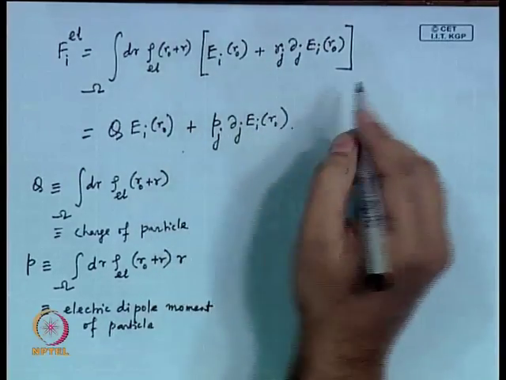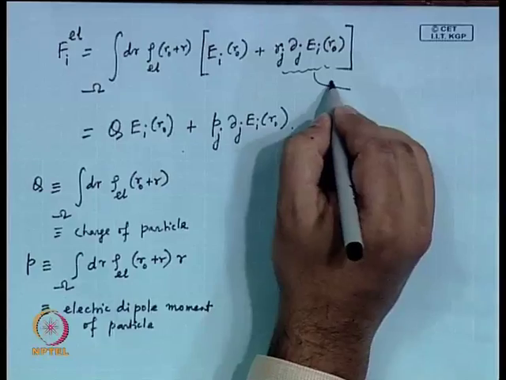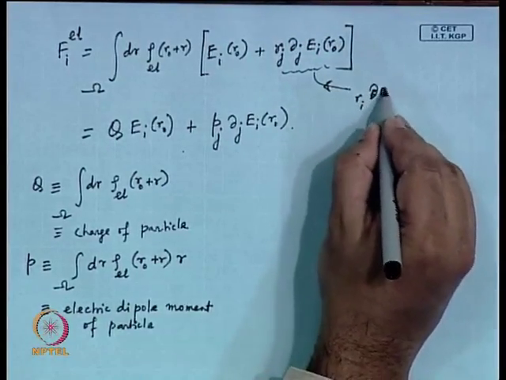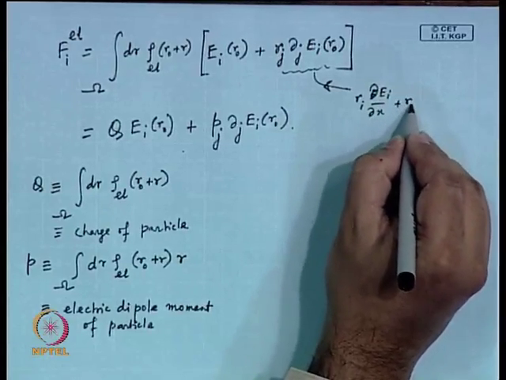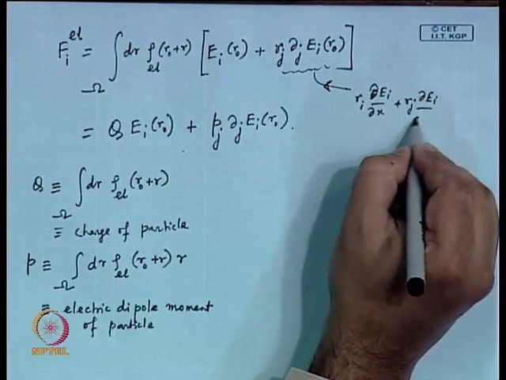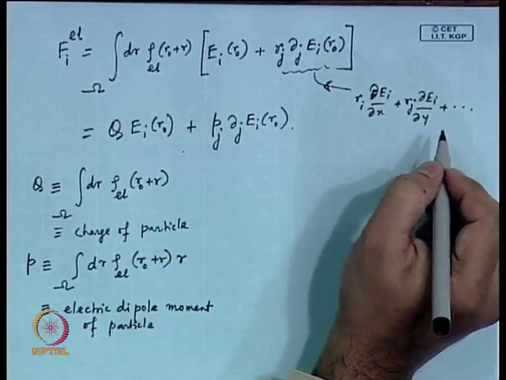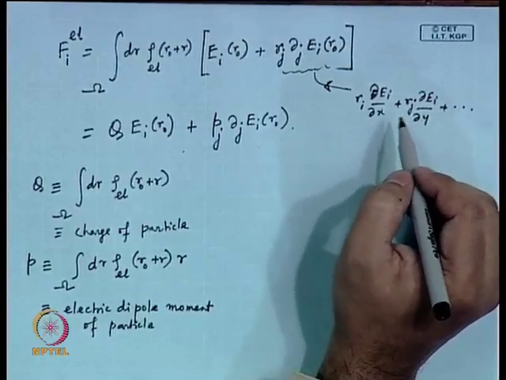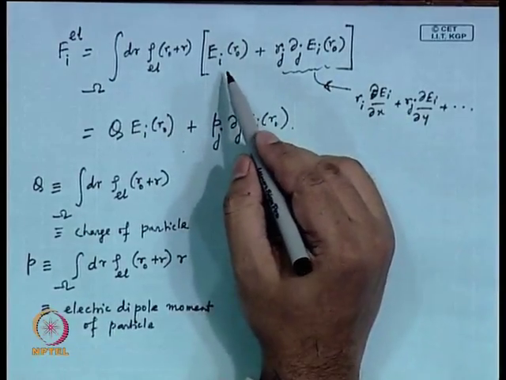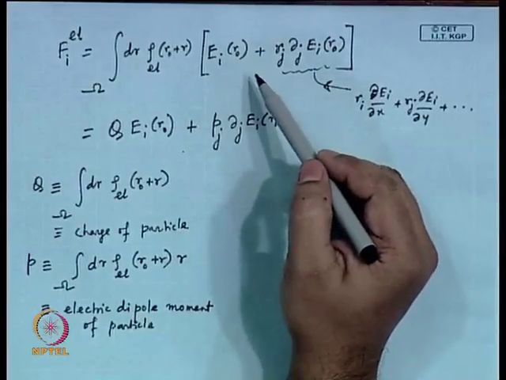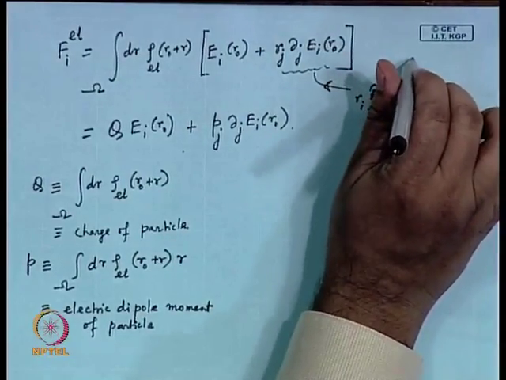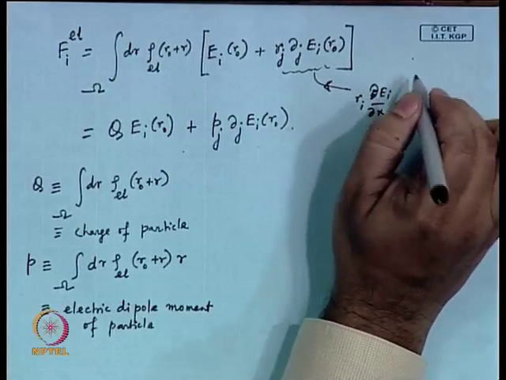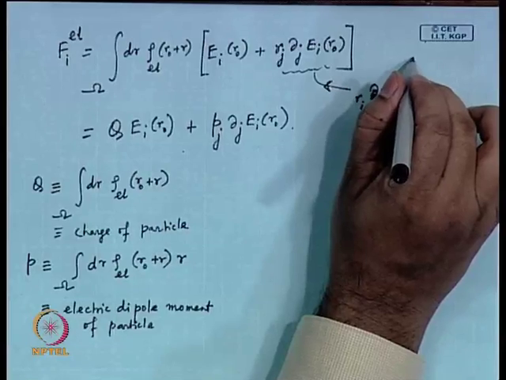What does this term mean? If you expand this term, how will it appear? It will appear something like this, right? For the 3 components, you have to expand these E i r0. So what exactly are you doing? Around the point r0, you are doing a Taylor series expansion of the field E. So a general vector is r0 plus r.